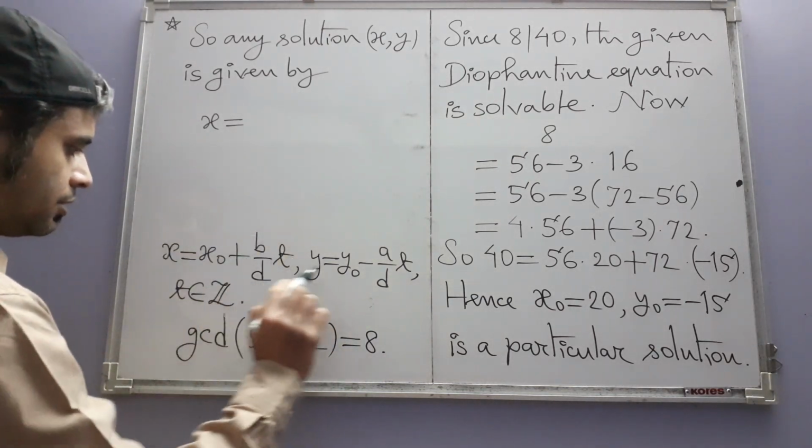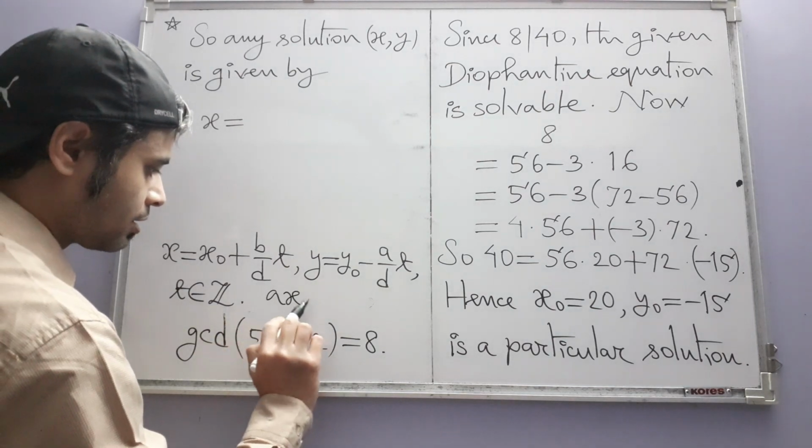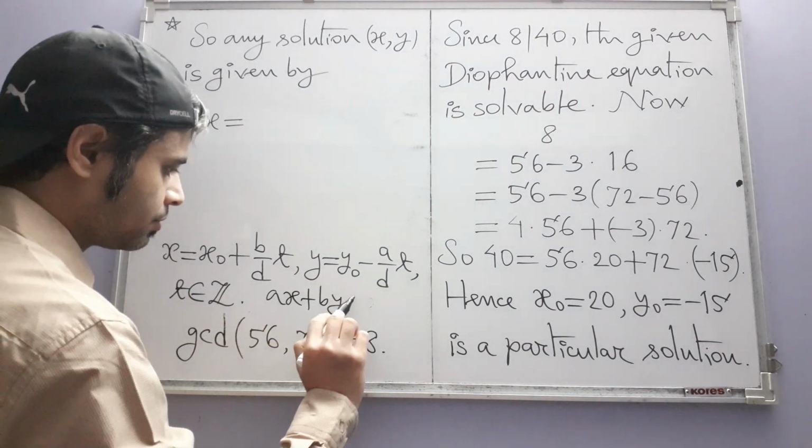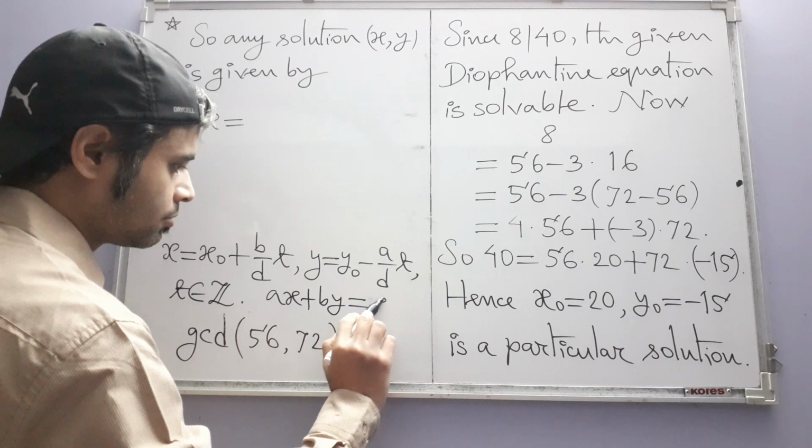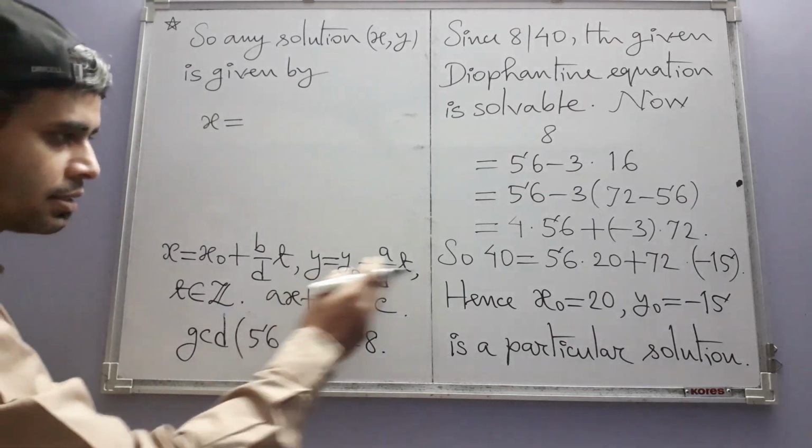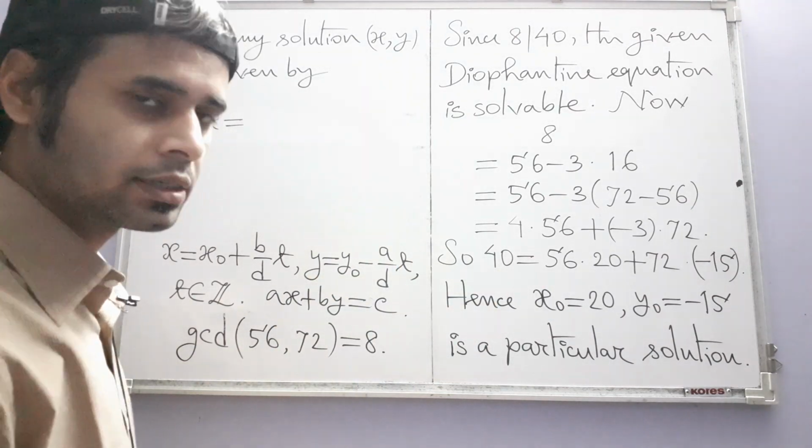And our general equation is just this: ax plus by equal to c, where c is the right hand side. For us that is 40.